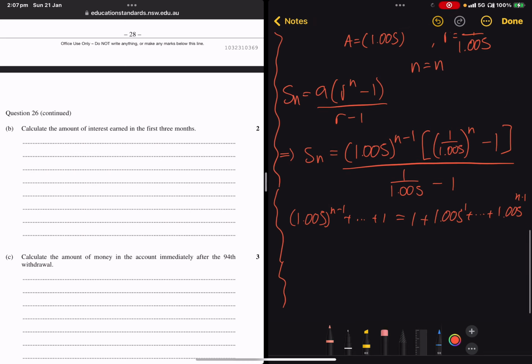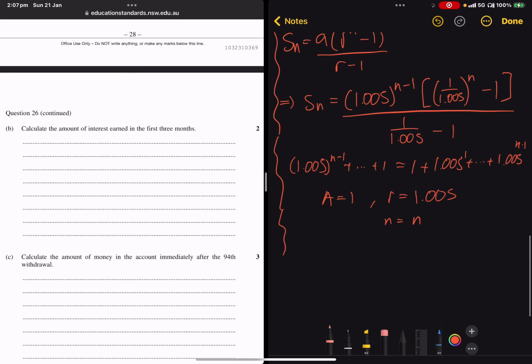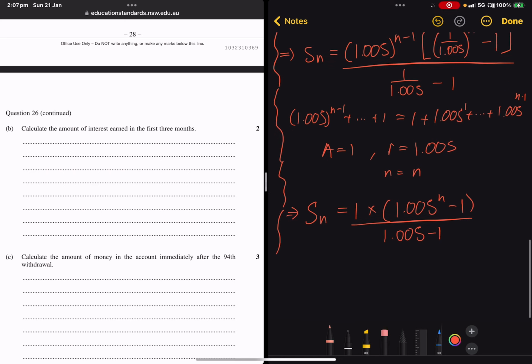Here we would have had the first term is 1, the ratio is 1.005, and the number of terms is n. And so our sum Sn in this case, which will pretty much already be simplified, will be 1 times 1.005 to the n minus 1 over 1.005 minus 1.